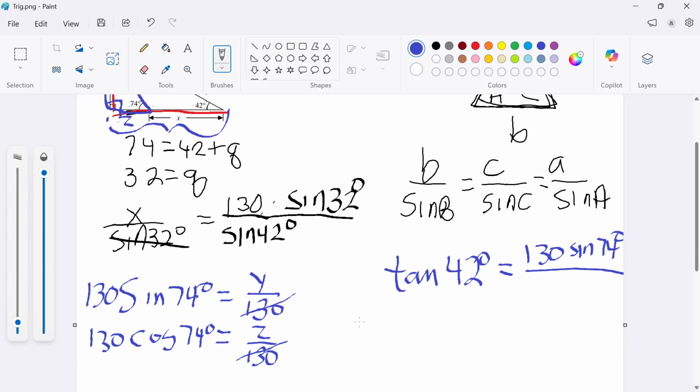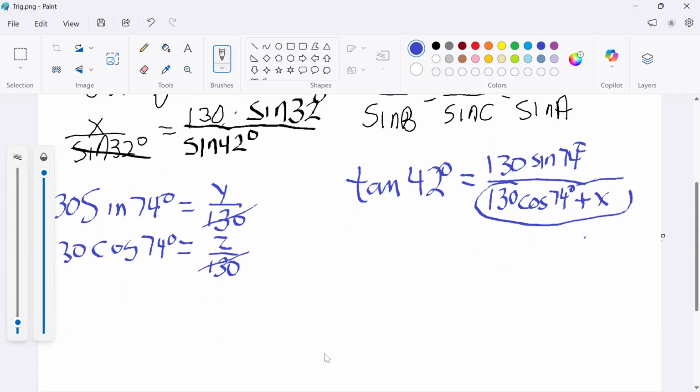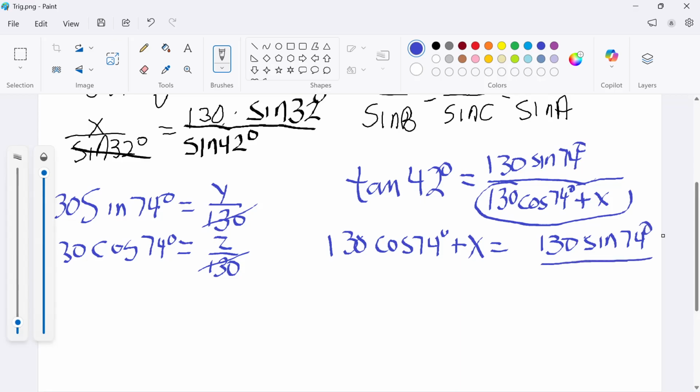So z is 130 cosine 74 degrees plus x. Now I'm going to multiply both sides by 130 cosine 74 plus x, and divide both sides by tangent 42. 130 times cosine 74 degrees plus x equals 130 sine 74 degrees divided by tangent 42 degrees.